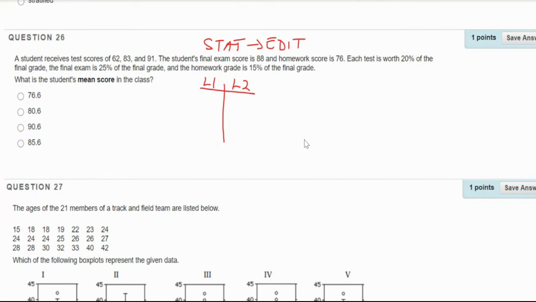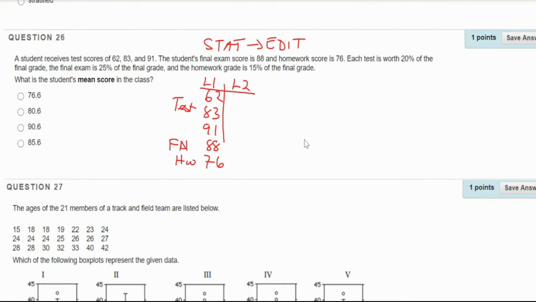We have 62, 83, 91, 88, and then 76, because there were 3 tests. This is a final exam, and this is the homework.